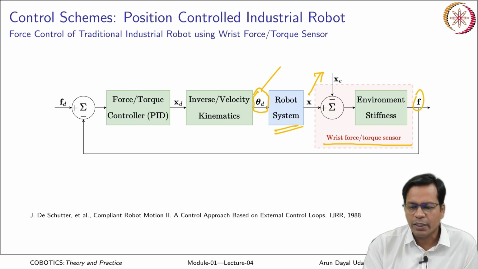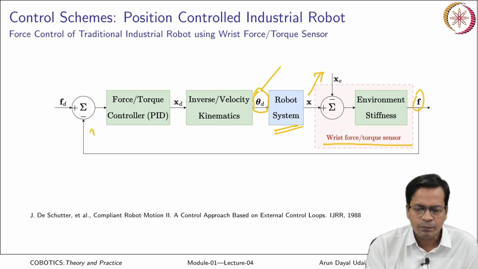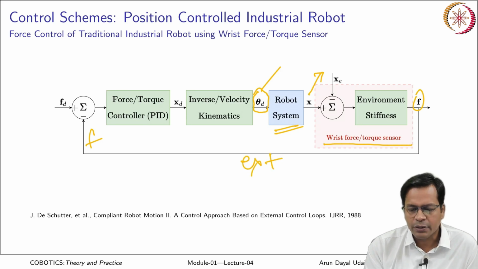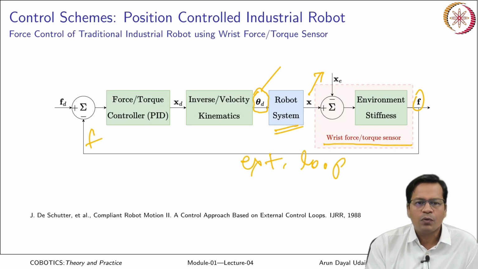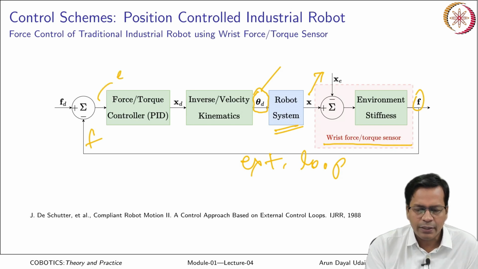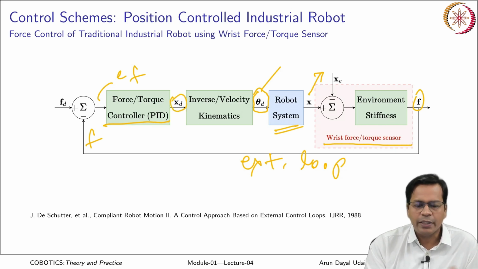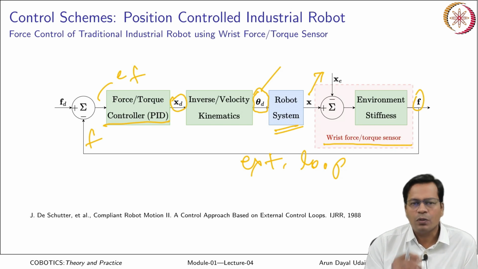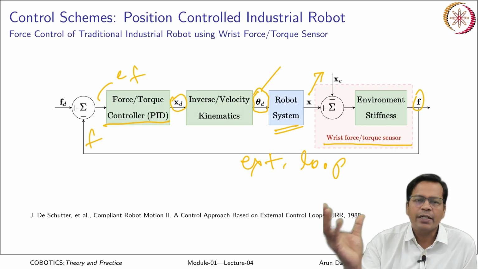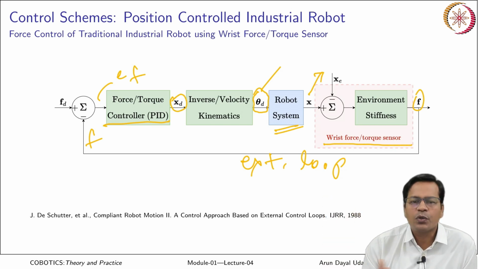You get the feedback of force here. Okay, so this is an external loop of force that comes here. Calculate the error in force, it goes to the force control PID loop that calculates the desired position depending on the force error.